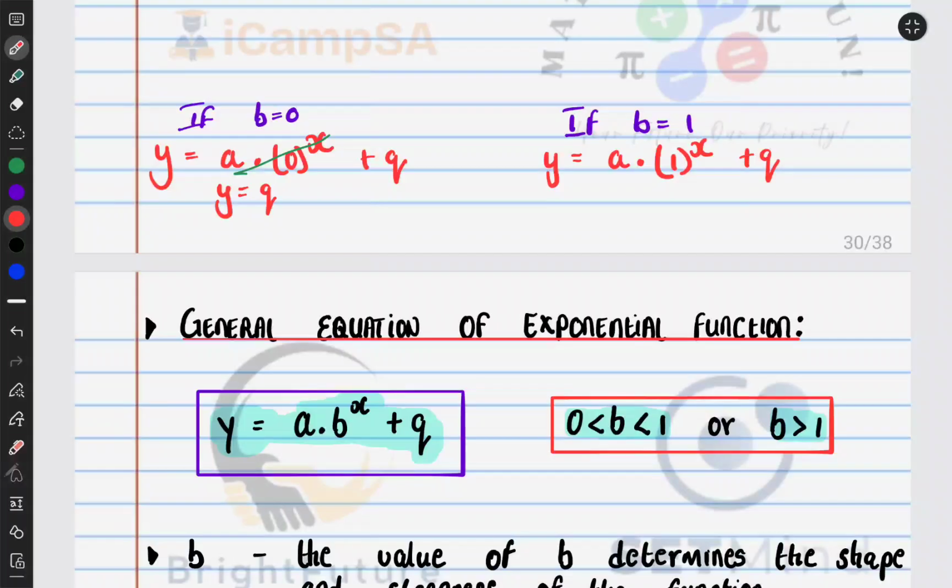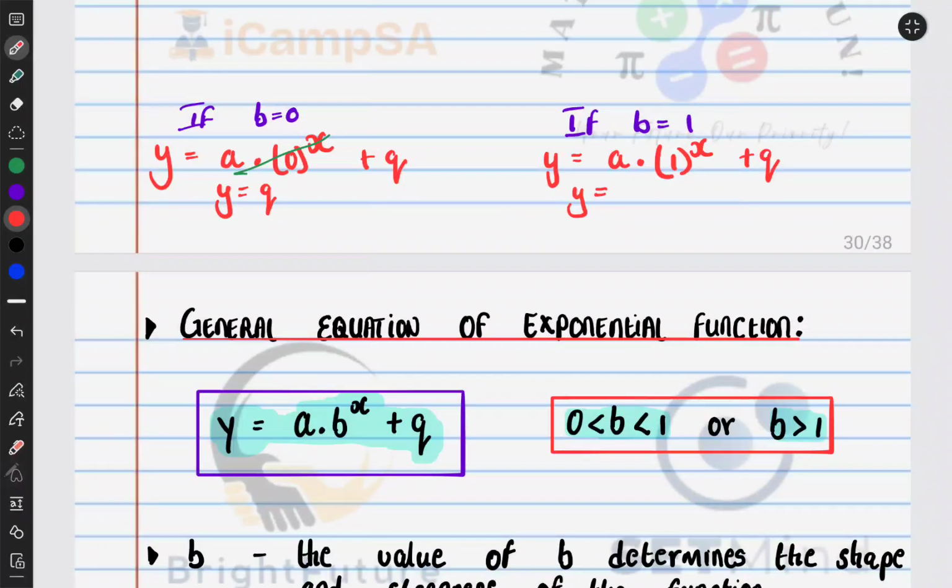It doesn't matter what value the exponent is going to be, we're always going to get the same thing, which is y is equal to a times 1.